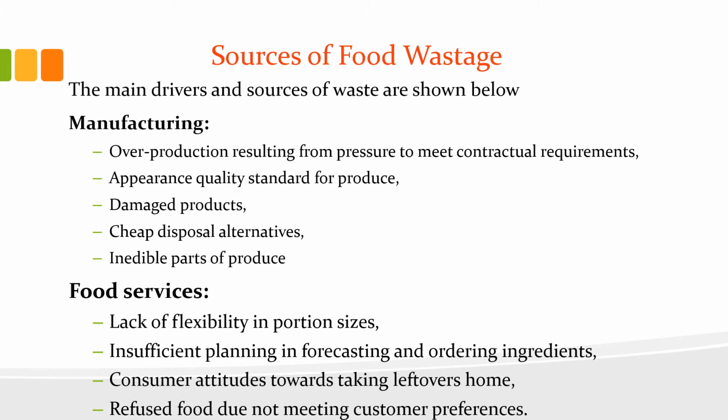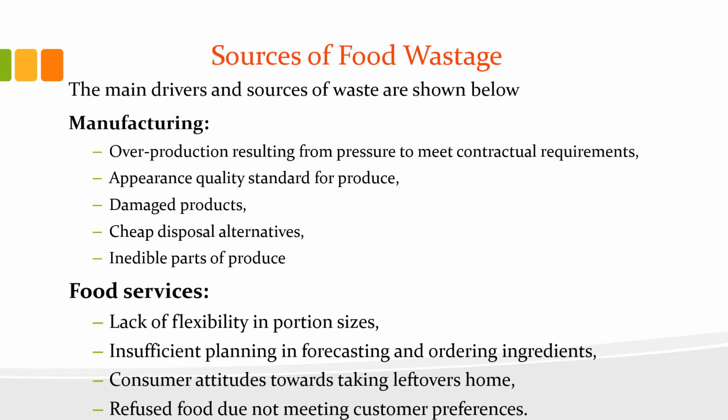If you look at manufacturing, there is overproduction resulting from pressure to meet contractual requirements. Sometimes manufacturers overproduce to meet the requirements of the contracts, and they are unable to sell the produce within its shelf life, and the produce goes as waste.